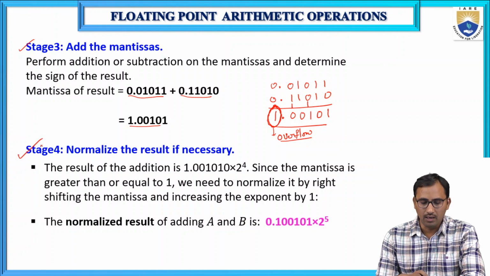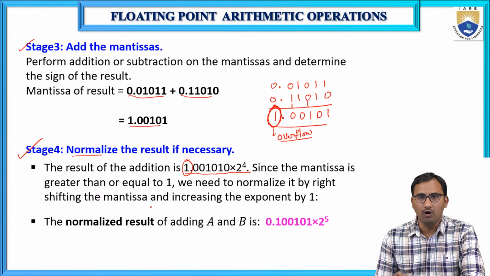Once we perform the addition on the mantissas, we need to normalize the result if necessary. So the result of the addition is 1.001010 into 2 power 4. Since we have an overflow problem, we need to perform a 1-bit shift right operation.